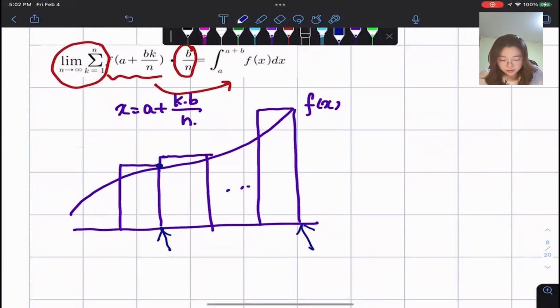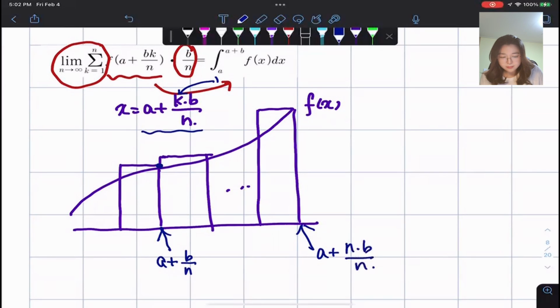This is the last x coordinate. To find the first x coordinate, you plug in 1 instead of k. So this is the first coordinate. If you plug in n instead of k, you can find the last coordinate.